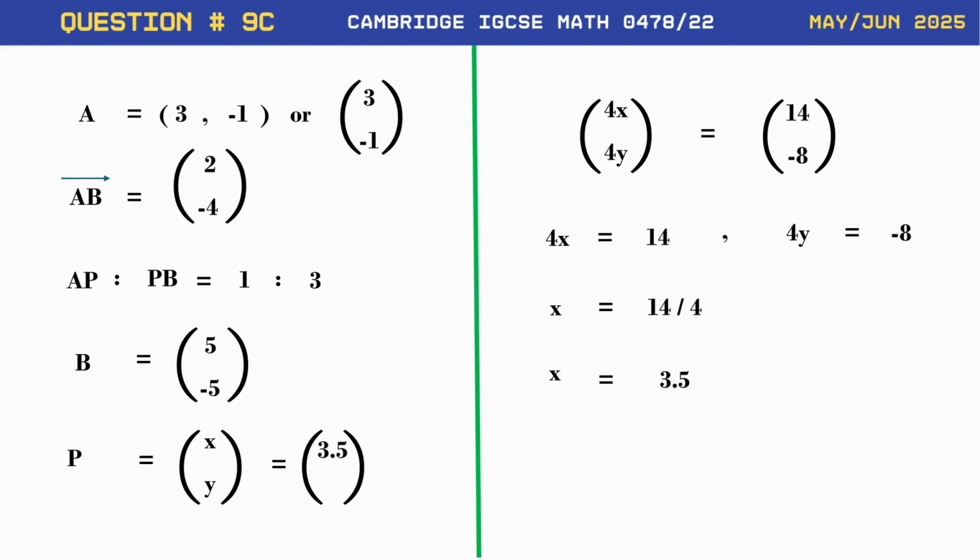Now for the y-coordinate, let's focus on the other equation, 4y equals -8. After simplifying, y will be equal to -8 by 4, and it will result in y equals -2, which is the y-coordinate of P. Excellent! We have found the position vector of point P, which is the answer.